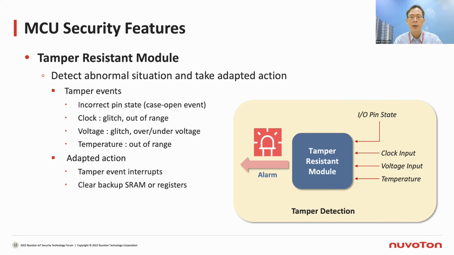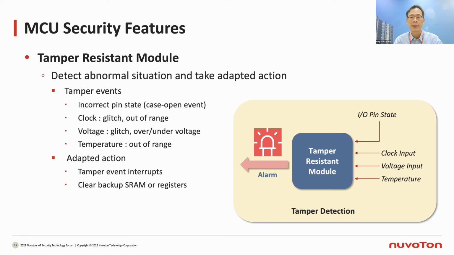The tamper-resistant module also includes sensors to detect whether the working environment of the MCU is abnormal. For example, the input of the clock frequency is out of the normal range, or the input voltage has glitches.